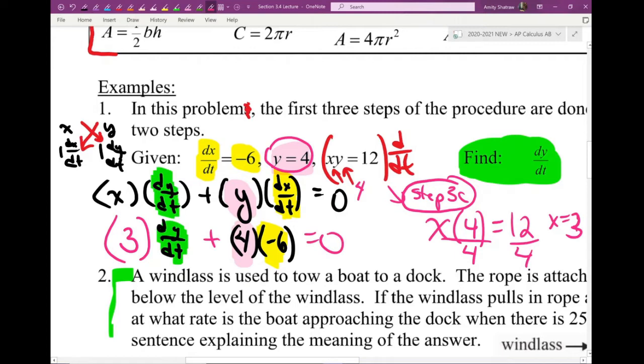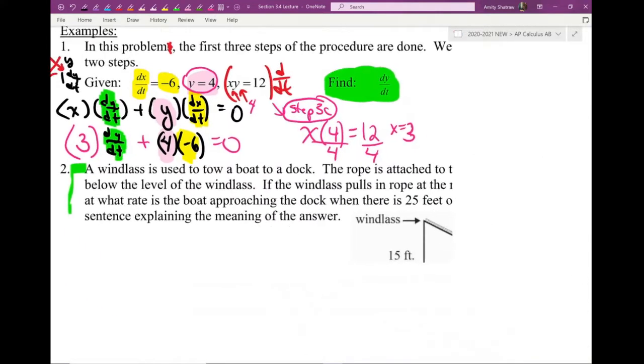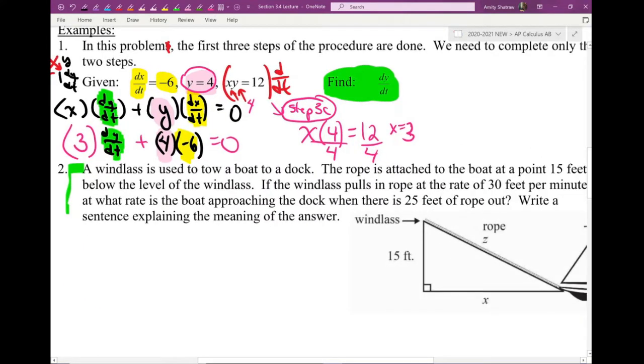And now you're like, ooh, I have no idea what we're doing. Trust me, we just need to practice these a bunch of times. So you'll get familiar with it as we move through it. Right now, let me rewrite it without so much calculus in it, so many parentheses, so many colors. Why don't I just do this? 3 dy dt plus 4 times -6 is actually -24, and that equals 0.